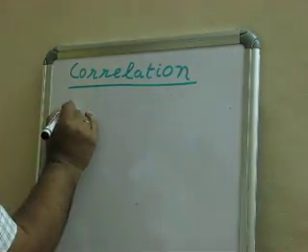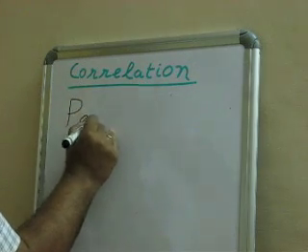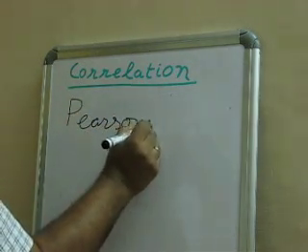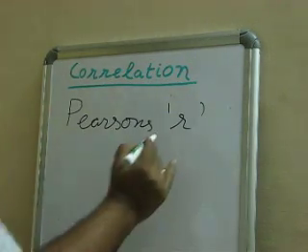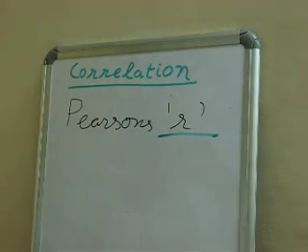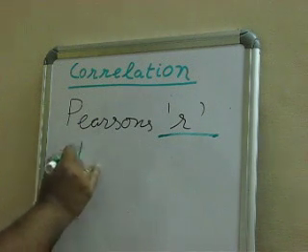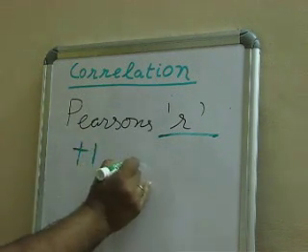Pearson's coefficient of correlation is defined by the variable R. Its value can range from -1 to +1.